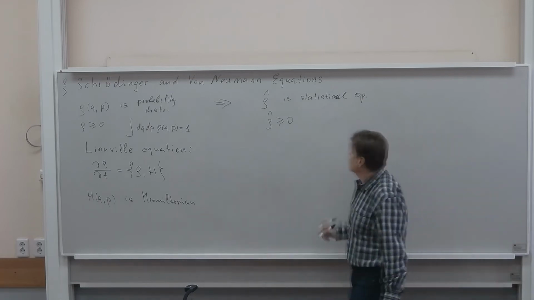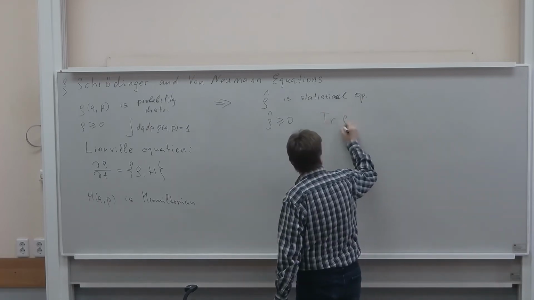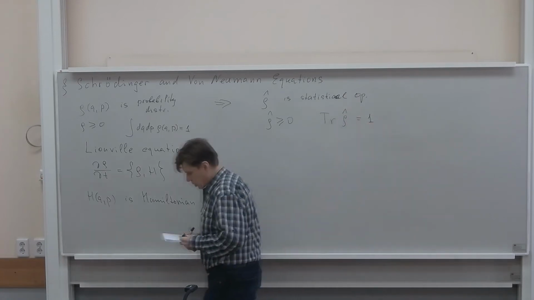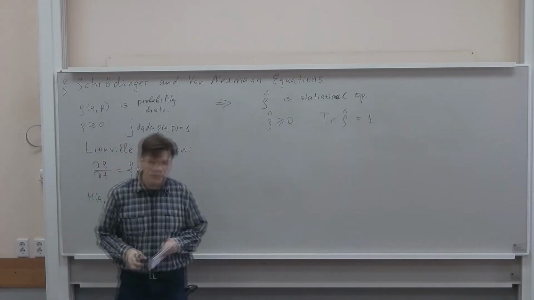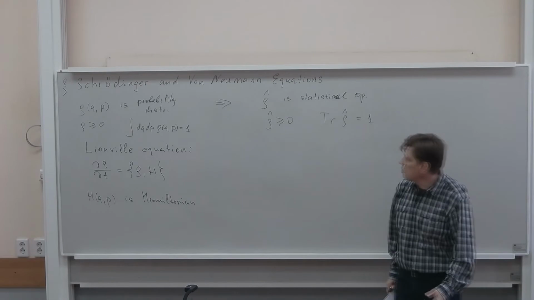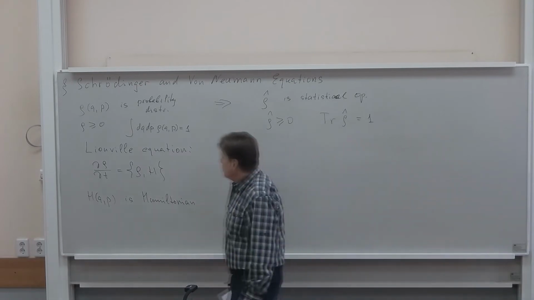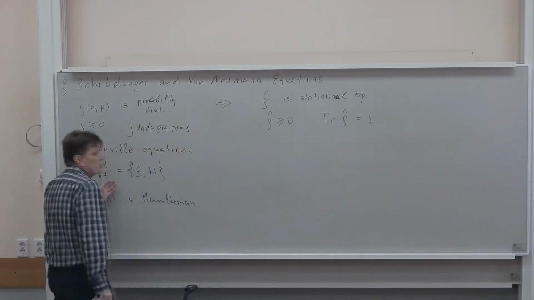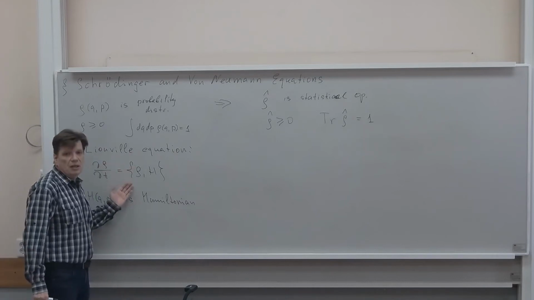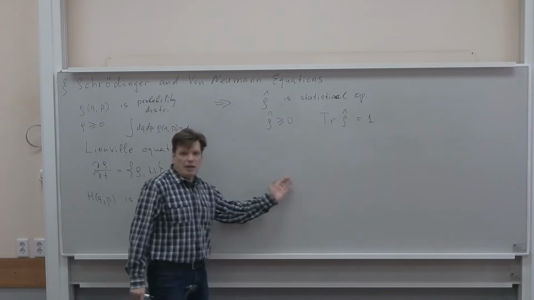So the trace of the operator rho hat is equal to 1. Now, with the correspondence principle in mind, it is not hard to guess how to translate this Liouville equation into the quantum mechanical context.